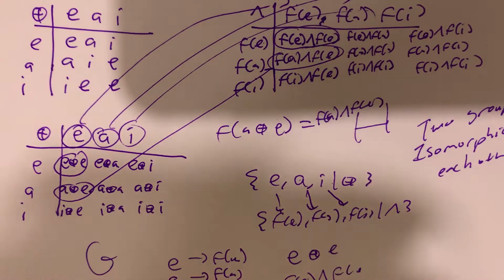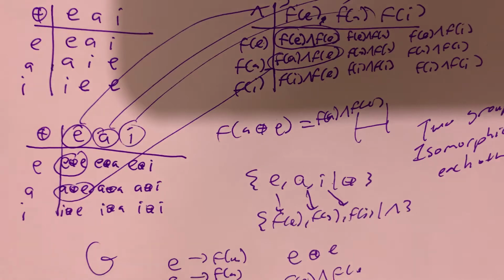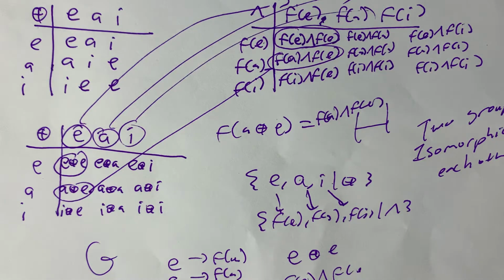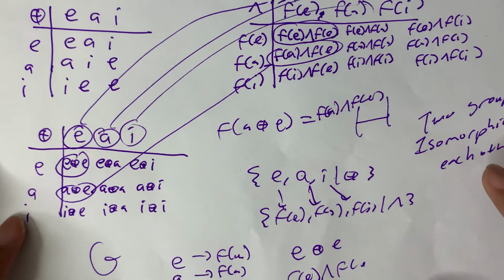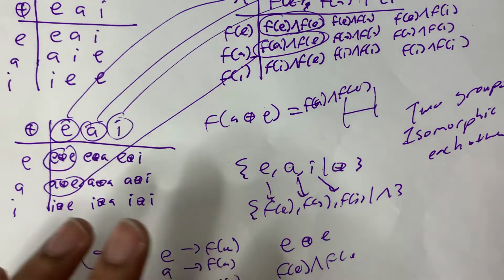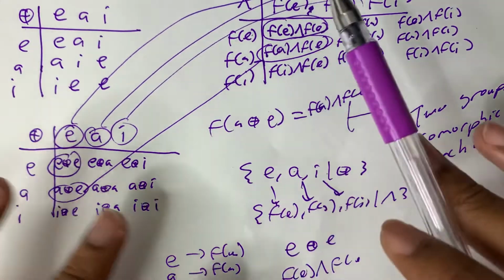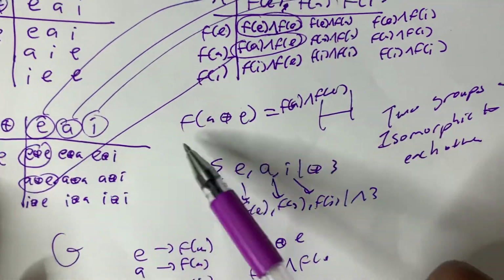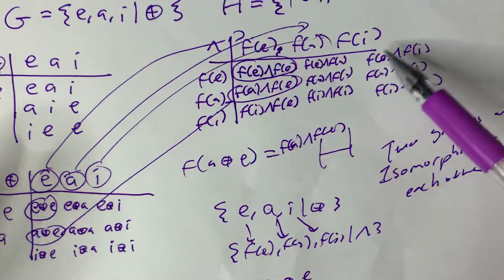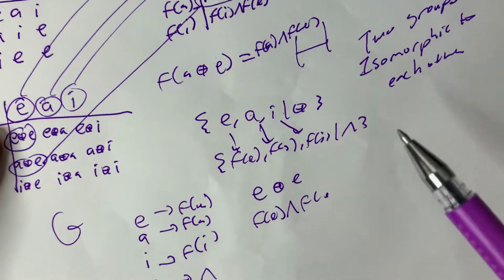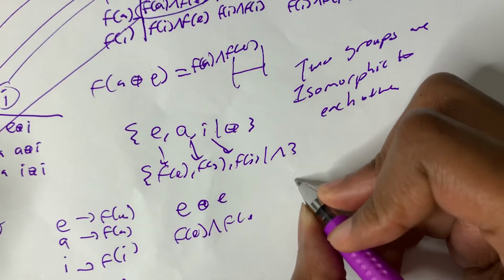Now, of course, we haven't rigorously defined what an isomorphism is. I'm gonna get to that, but I just really want to nail this concept in your head that it's really just a relabeling here.